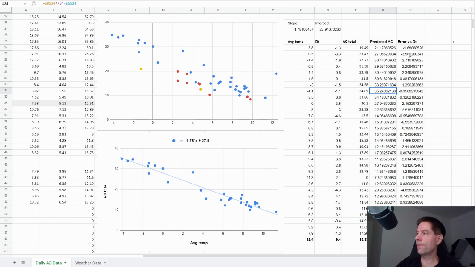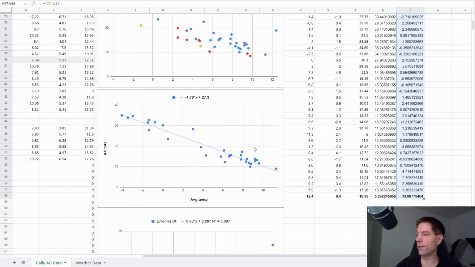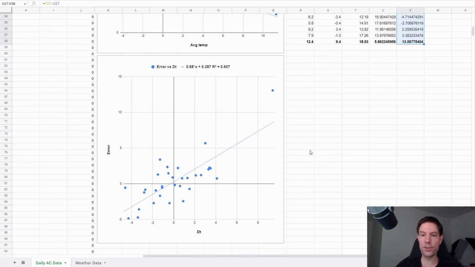And then I've taken a difference between the actual use and the prediction. So basically the vertical distance between each of the dots and the line here. And then I've done a similar scatter plot, where I plot this delta T value versus the error, the difference between what we used and what we expected to use. And that's what I show in this chart here.